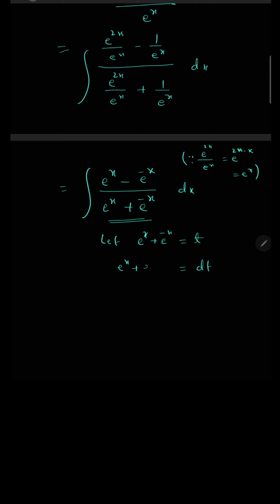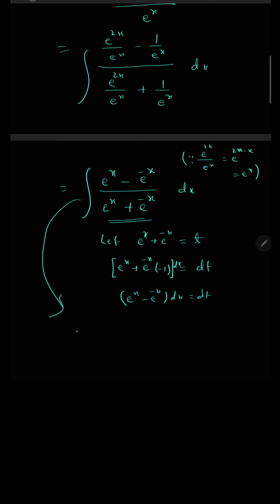D by dx of e power minus x is e power minus x only, but d by dx of minus x is minus 1. dx you have to write. What happens means (e power x minus e power minus x) dx is equal to dt. Therefore, in the numerator (e power x minus e power minus x) dx can be written as dt.